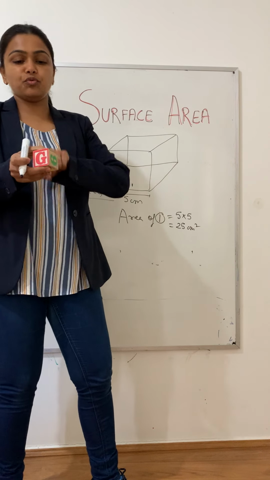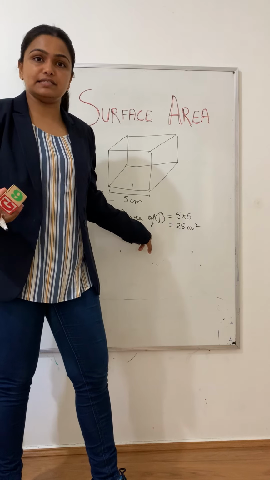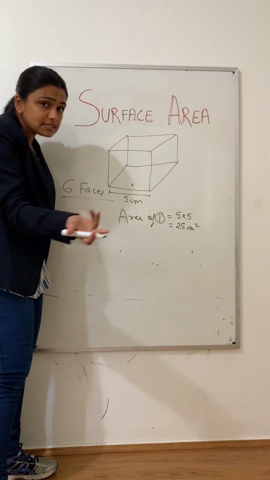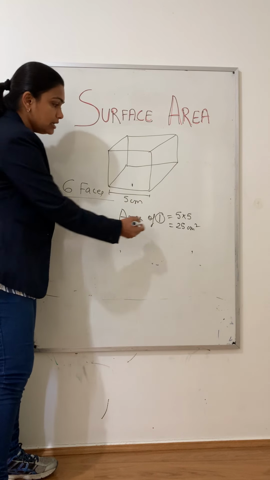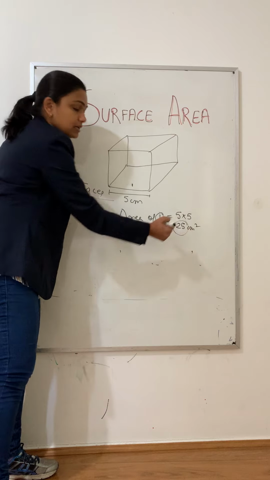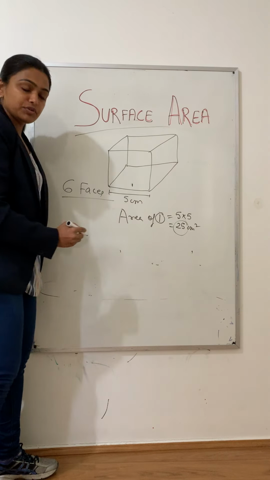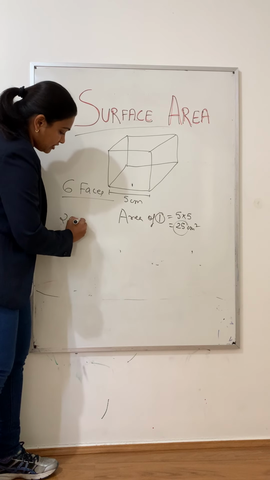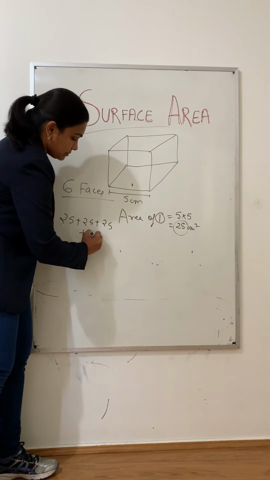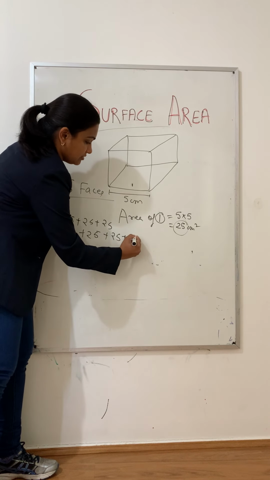Now how many faces does it have? 1, 2, 3, 4, 5, 6. So we have to calculate area of 6 faces and then add them together. Because it's a cube and all the sides are equal, the area of all the individual faces will come out to be 25 centimeters square. So in order to find surface area of a cube, I can do 25 plus 25 plus 25 plus 25 plus 25, 1, 2, 3, 4, 5 plus 25.